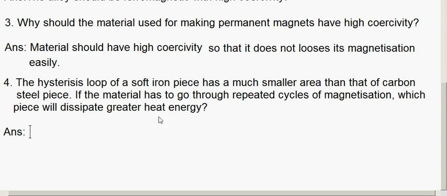The answer is the carbon steel piece will have greater heat energy.